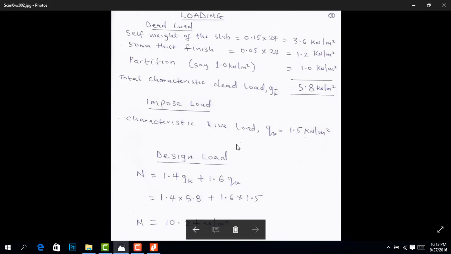If we put all into this formula, I get 10.24 kilonewton per meter square. So that is how the 10.24 kilonewton came about. So with this, if you've done that, then you've done your design for your slab.